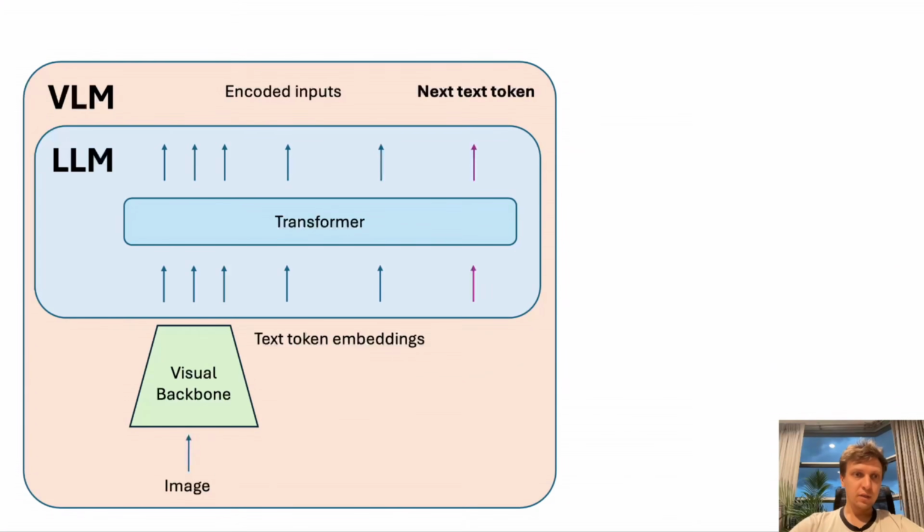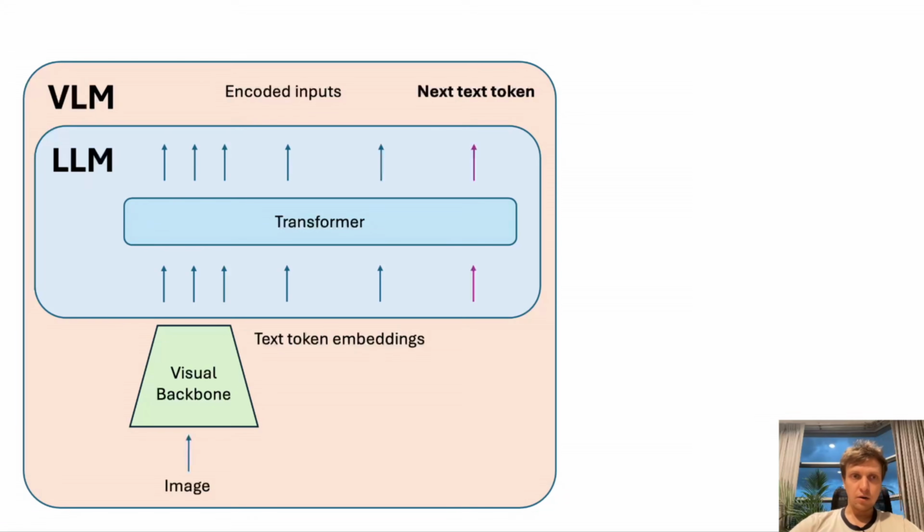Now, if we simply add a visual backbone to this model, we will get a VLM. So the visual backbone, historically, I think, was usually some CNN, convolutional neural network. Nowadays, it's mostly other transformer-based encoders. But basically, this is some model that takes an image as an input and outputs one or multiple vectors that encode the information in this image.